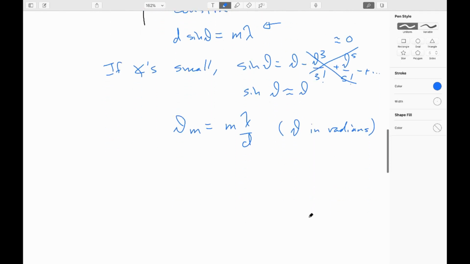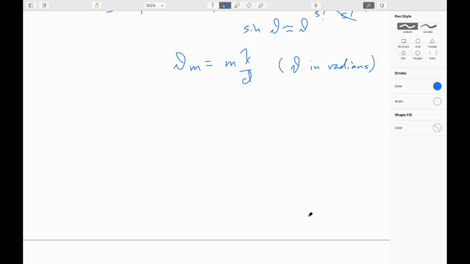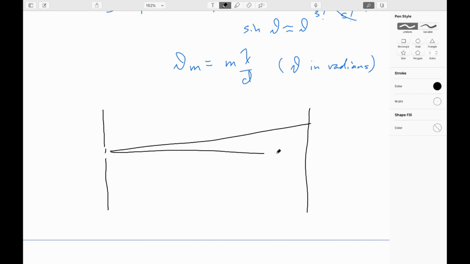So how will these fringes wind up being physically spaced? Okay. So if I go over here, there's my double slit. Way over here is my screen. So this is my mth maximum.